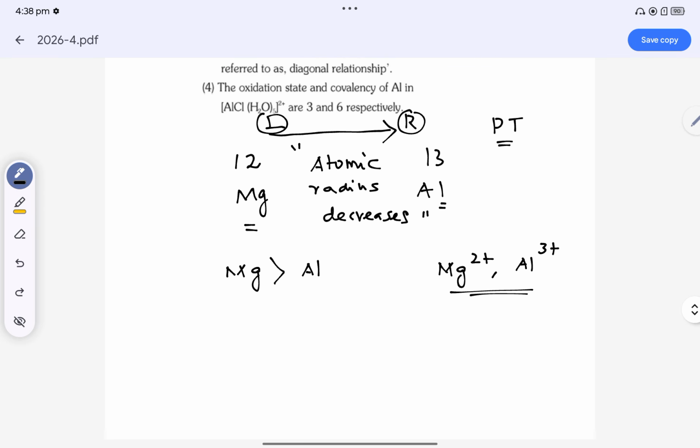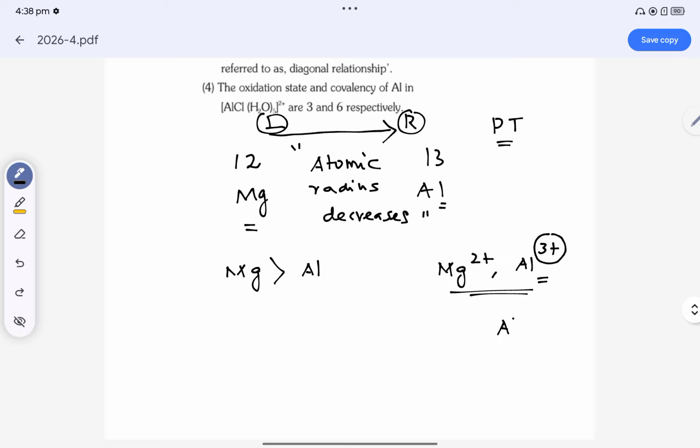The number of electrons will be the same, but the charge contributed by aluminium is higher, so it possesses greater charge. It effectively pulls the electrons towards itself, and the net result is that atomic size decreases.